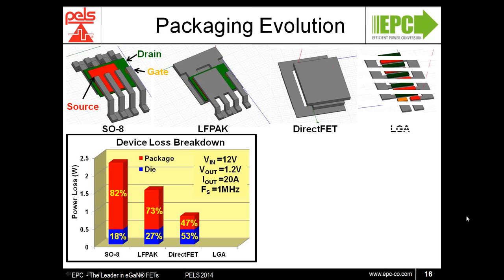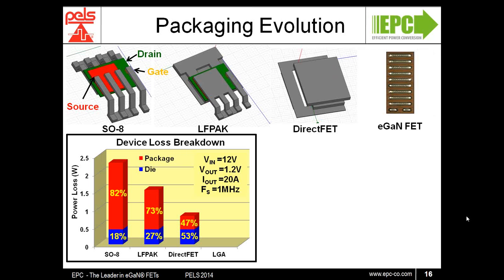So there's no drain inductance compared to the DirectFET. Furthermore, by interleaving the drain and source terminals, the inductance of the package can be further reduced. Here's a picture of what such a die actually looks like. So in this case, the total packaging-related losses only form about 20% of the total device losses.